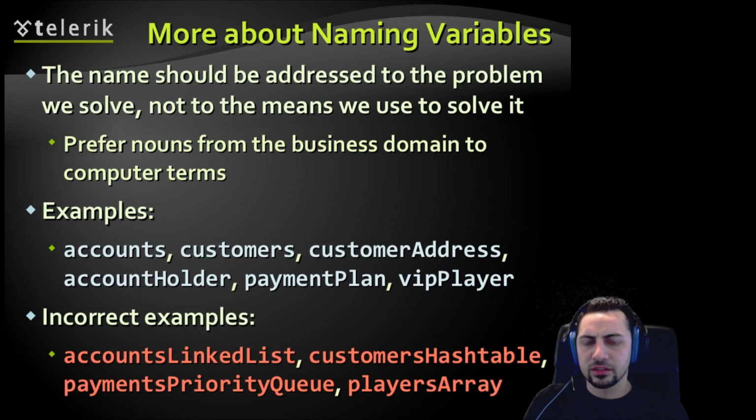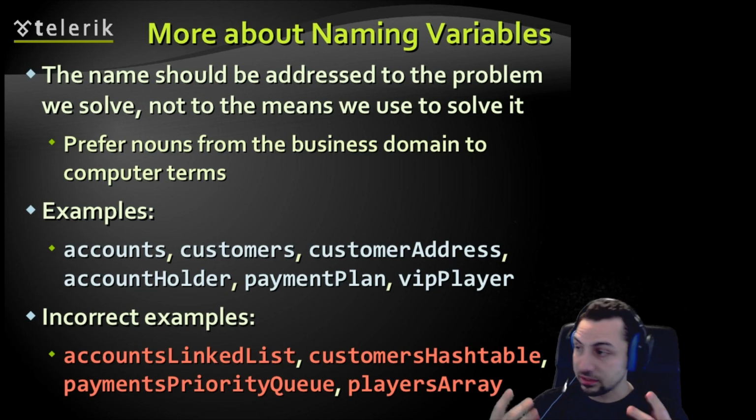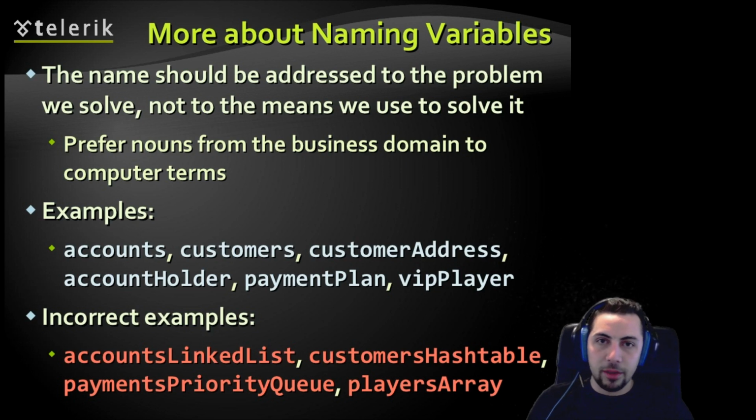This is another one that I find tough for people just starting out, because as engineers we tend to think in computer terms. And when I mean computer terms, how something is accomplished. Accounts linked list tells you that this is about accounts and it's going to be stored in a linked list. But the whole purpose of object-oriented programming in many cases is to abstract away the details of how something is created or how something is done.